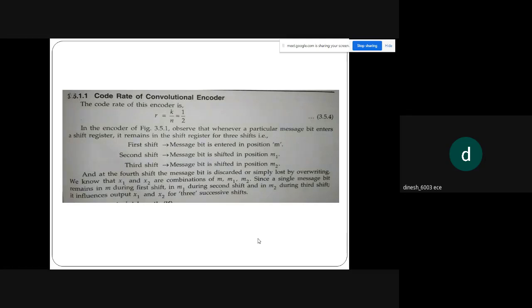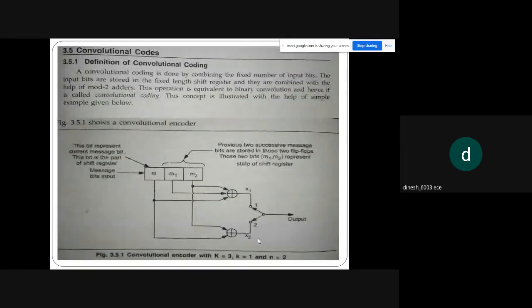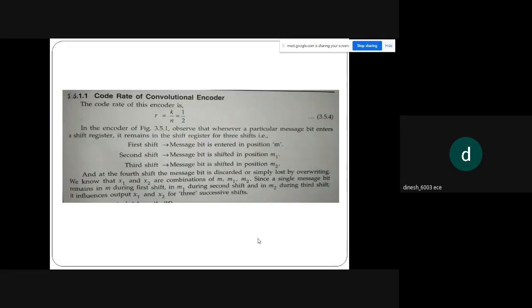So the code rate of this convolutional encoder is 1 by 2. You can see small k is 1, small n is 2. So 1 by 2 is the code rate for this convolution encoder.